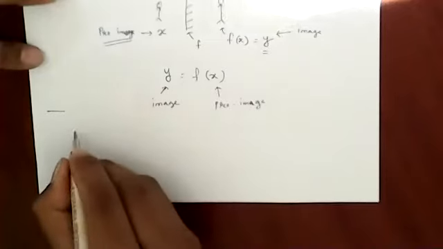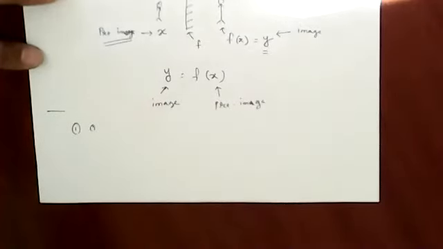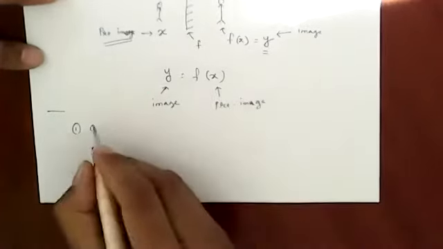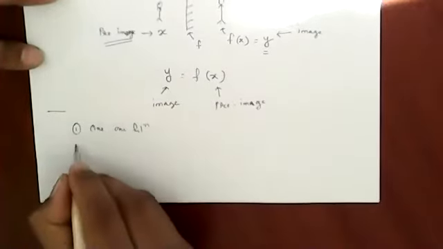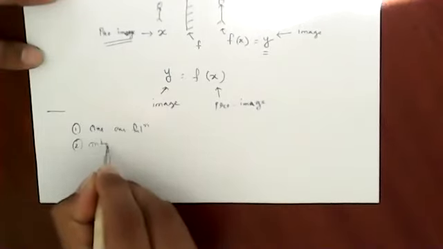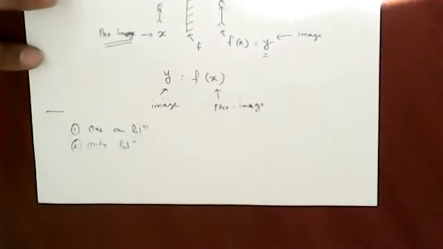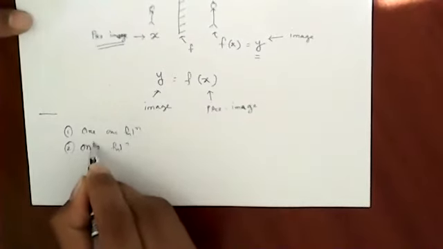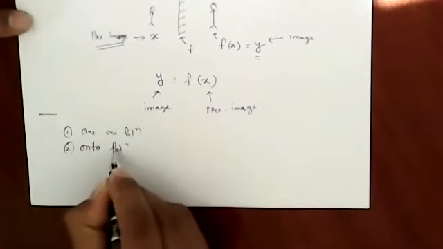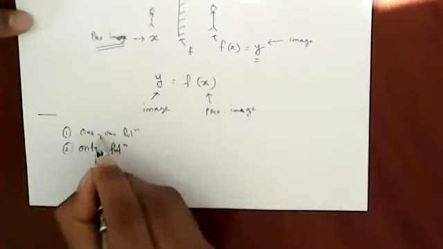The first one is a special kind of function, by the way: one-one function, and the second one is onto function. Now, does someone remember what the one-one function is and what the onto function is?